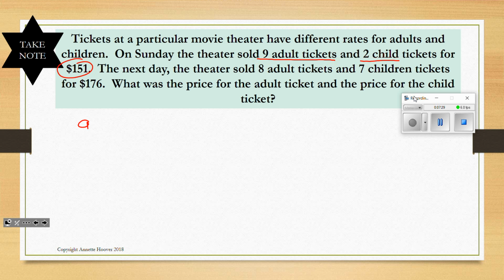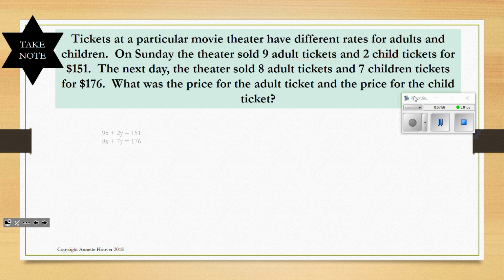So we could write 9A for the adult tickets, 2C for the child tickets, and that equals 151. On Monday, it was 8 adult tickets, so that's 8 times the price of the adult ticket, plus 7 children's tickets, which is 7 times the price of the child's ticket, equal to $176. So this time the 2 equations were the 2 days. That time I used A and C.